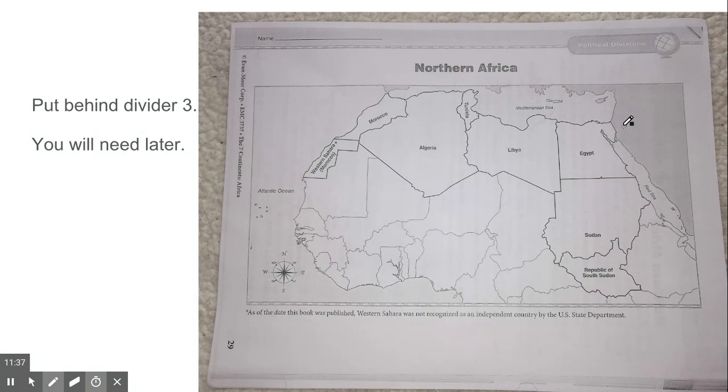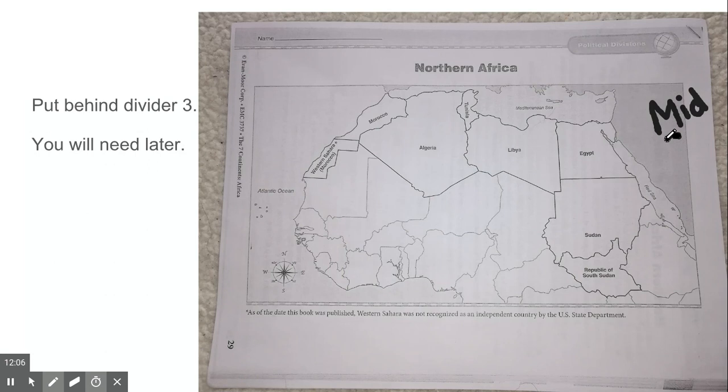Sorry, I'm writing with a mouse, so it's going to look like scribble scrabble. So this is Southwest Asia. So this is the Middle East over here. I don't know what it's doing.